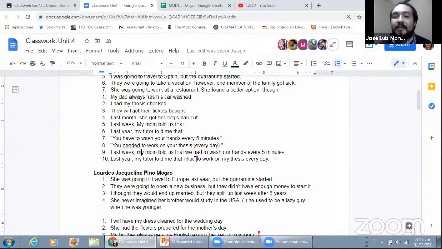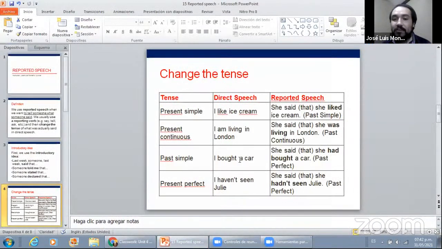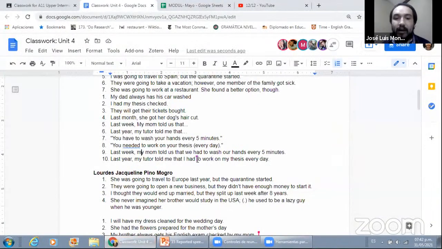And if this is simple past, remember, Sharai, I'm going to show you. Simple past changes to what? To past perfect. And what is past perfect? Had plus the verb in the past participle. So had is okay, but now you need the verb in the past participle. Sorry, down there. Had needed.